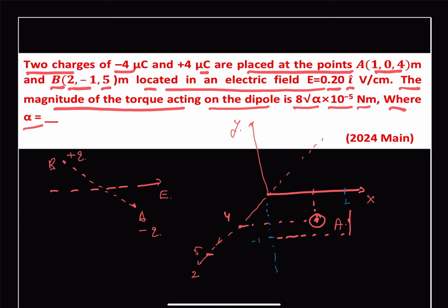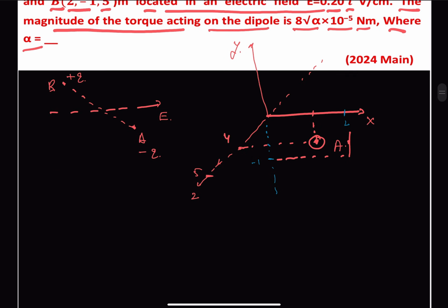And we need to find out the torque. Okay, so we know that our torque is equal to our dipole moment cross our electric field.